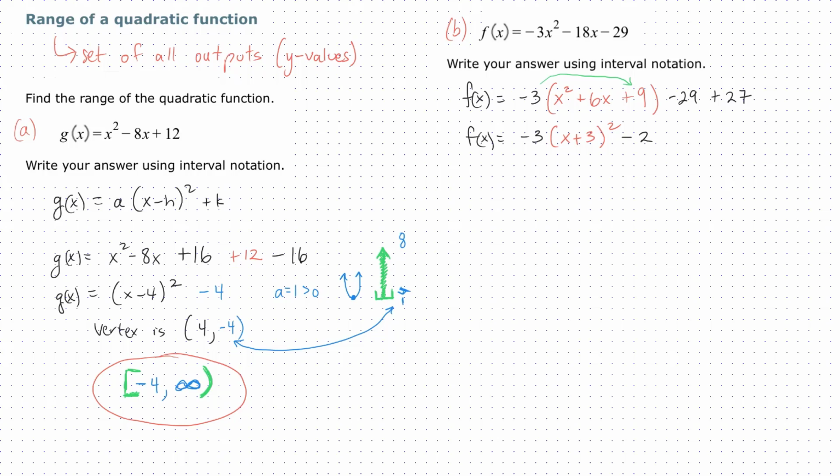This time, the parabola is actually pointing down. This time the a value is -3, which is less than 0. So your parabola is concave down, and if it's concave down, then you have a maximum value.